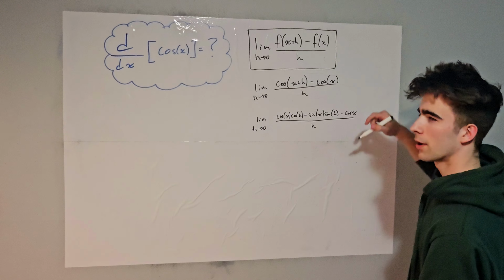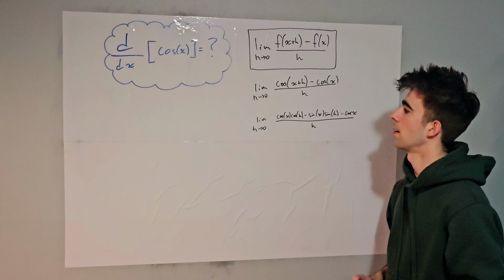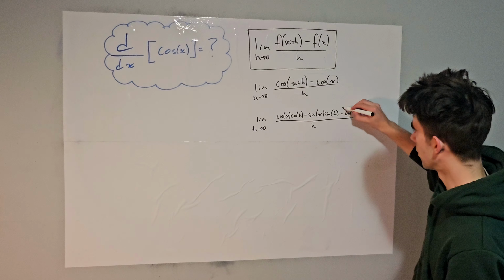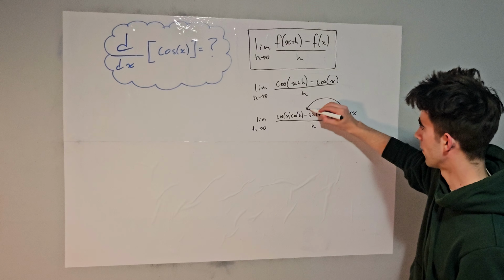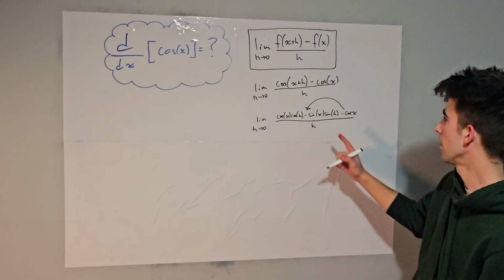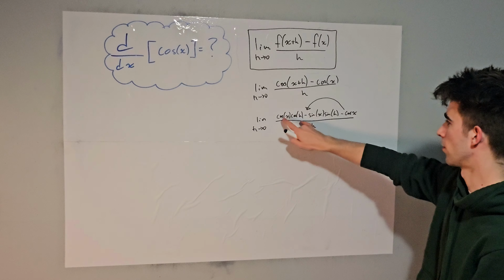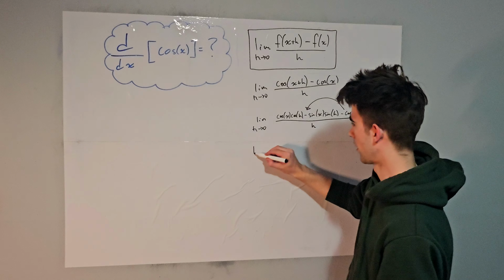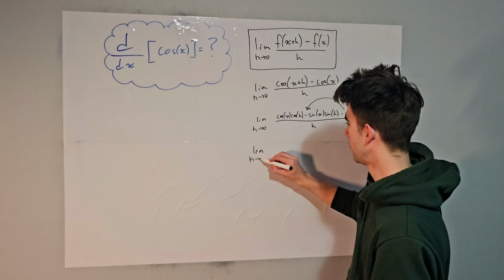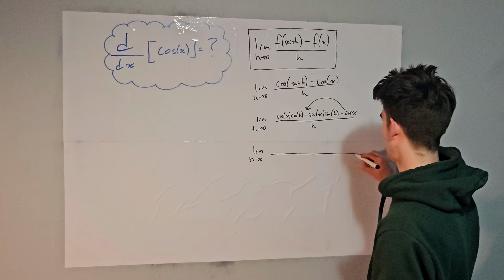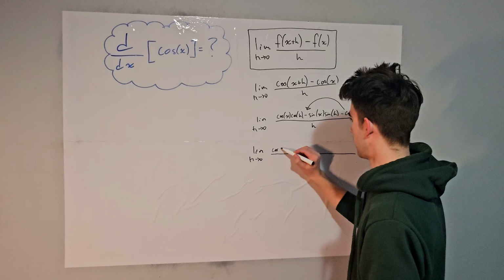All right, now we're going to do a little bit of reordering. I'm going to put this cos x at the back in front of this middle term here. And then I'm going to factor out a cos x from these two terms. So we're going to have the limit as h approaches 0 of cos x times (cos h minus 1), minus sine x sine h.